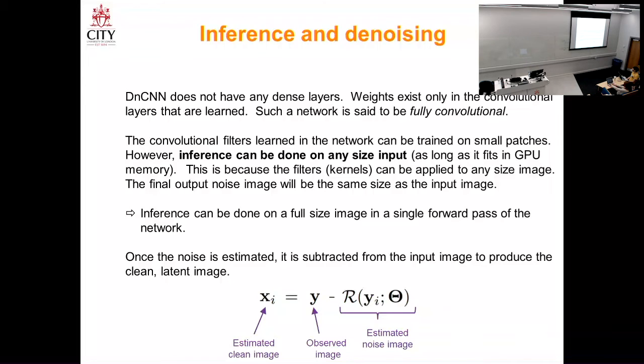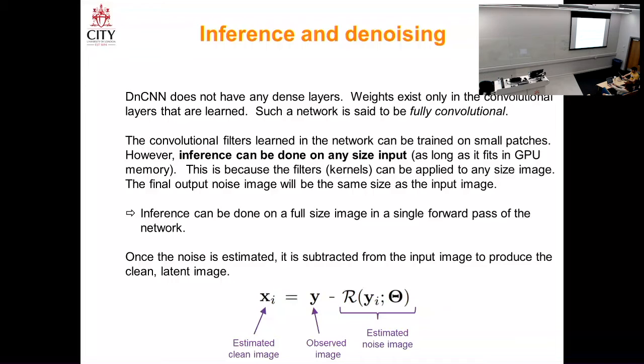What that means is you can train the network on small patches, like 50 by 50 patches. You're going to learn these convolutional kernels that are in the convolutional layers. But then at inference time, you can change the size of the input. So now you can use an image that's 100 by 100 or 1,000 by 1,000 pixels, and you can put it through your network. And as long as it fits within the GPU memory, you can do inference on that and remove the noise.